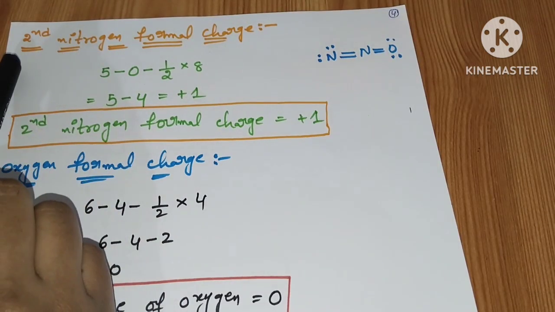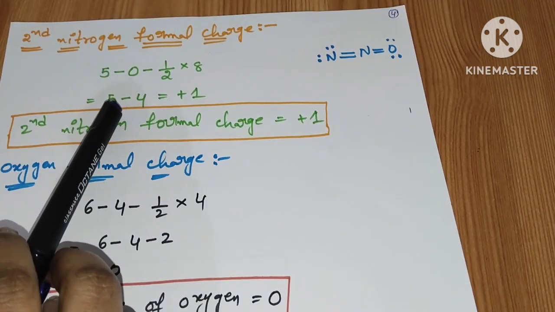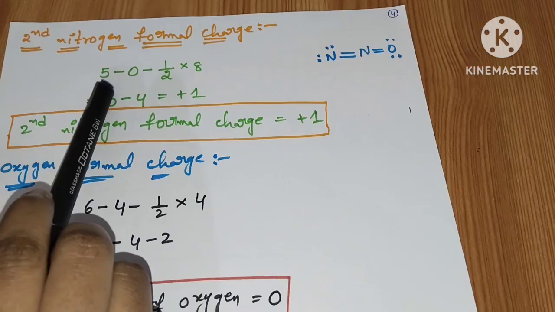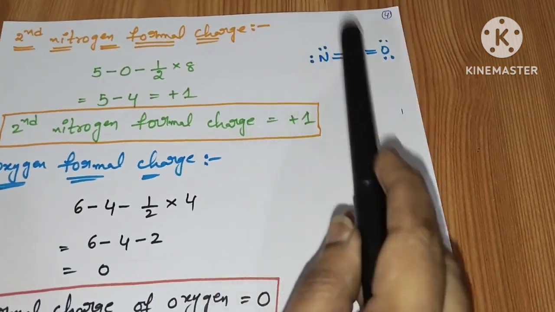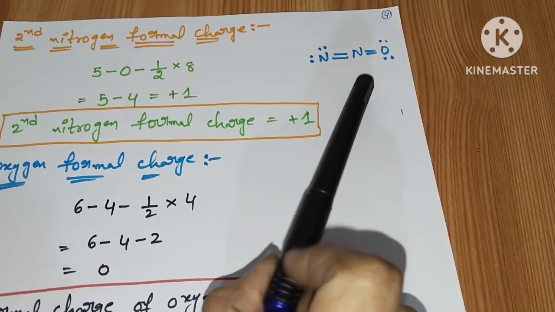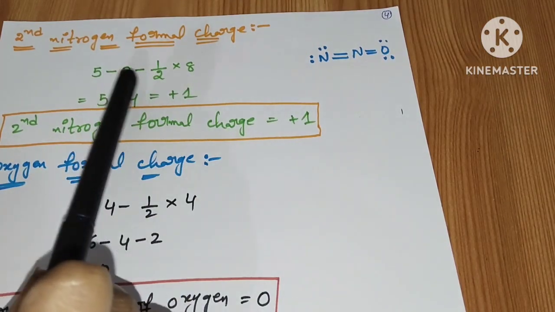Next, we will calculate the second nitrogen formal charge. How many valence electrons are there? 5. Minus how many lone electrons are present in this second nitrogen? There are no lone electrons, so 0.